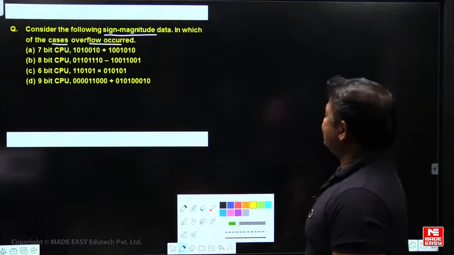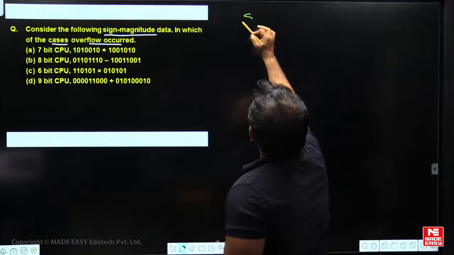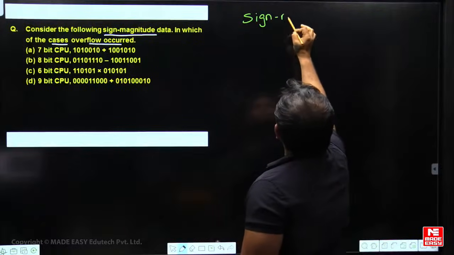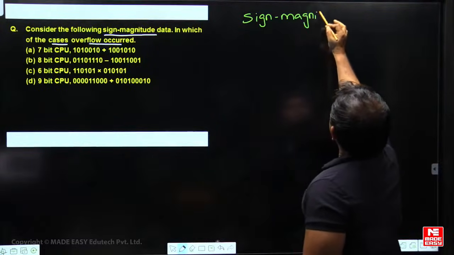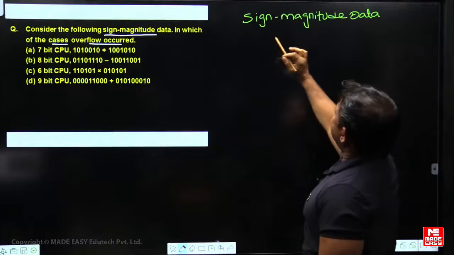Some of you have given the answer, so let us see the analysis. Here it is sign magnitude data, not signed data.